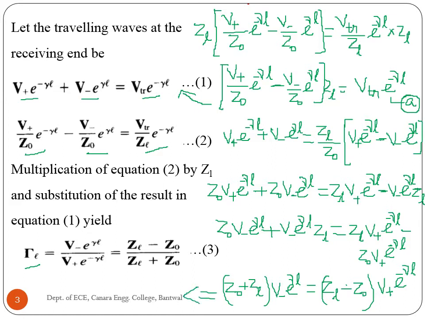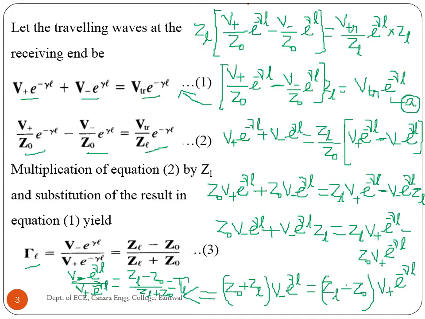So this equation becomes V minus e to the power gamma L divided by V plus e to the power minus gamma L is equal to ZL minus Z0 divided by ZL plus Z0, which is nothing but the reflection coefficient at the load end.